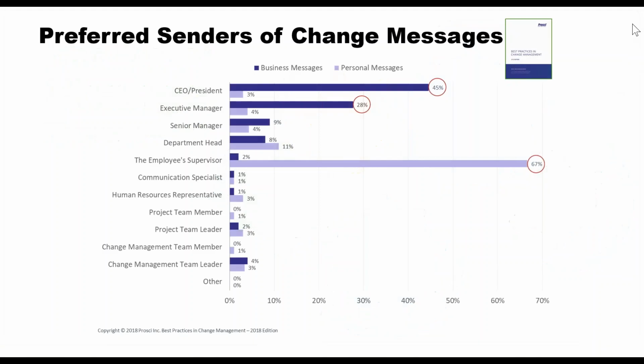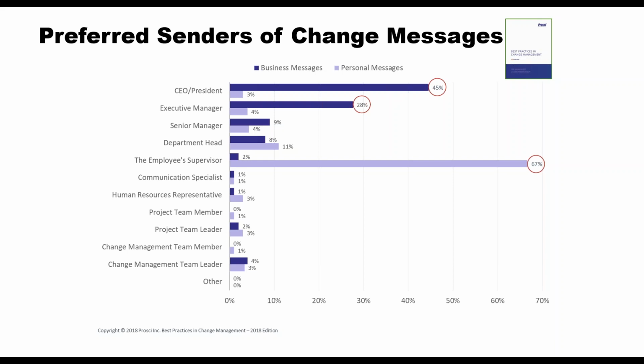And ProSci, again, has done quite a bit of research, and one of the places where supervisors are very, very important is when it comes to who is sending out messages about changes that are going on at the organization.